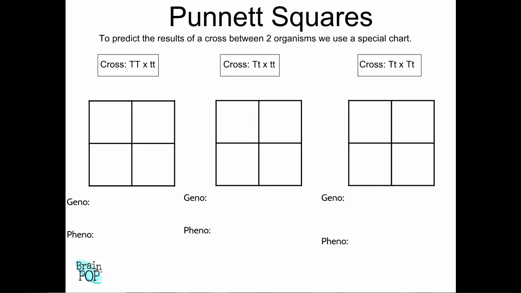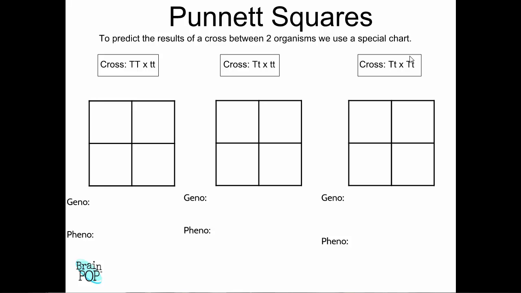All right, so Punnett was another scientist. He followed up Mendel, who was looking at the traits of people. Mendel had said there were 2 traits for every gene. One comes from the mother, one comes from the father.